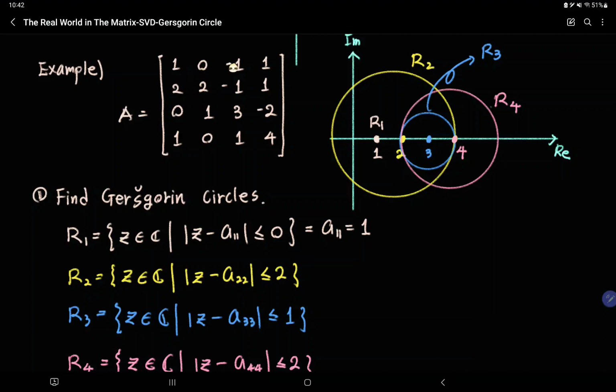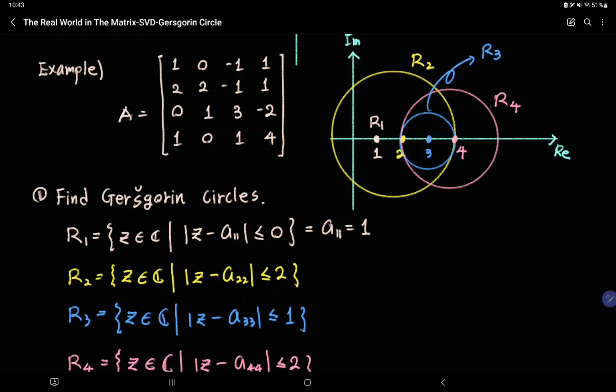All the entries are real numbers, so in the complex plane all the center points are going to be on the real axis, the horizontal axis. For R2, the radius is going to be 2 plus, and we skip the diagonal entry, then minus 1 plus 1, which is 2.